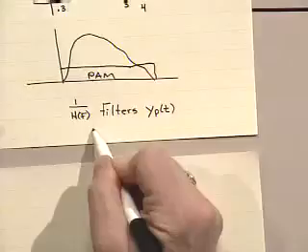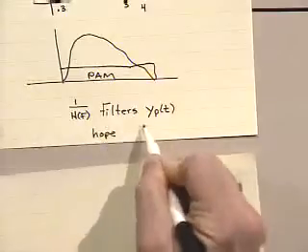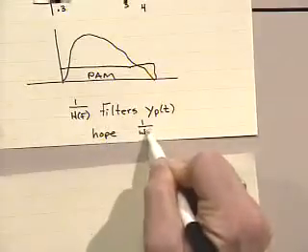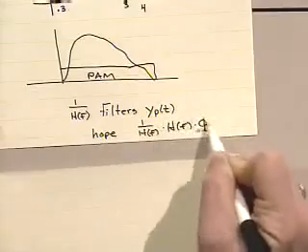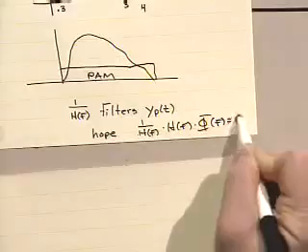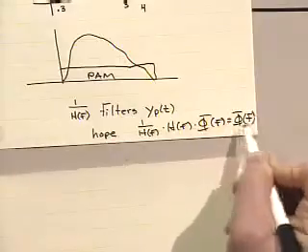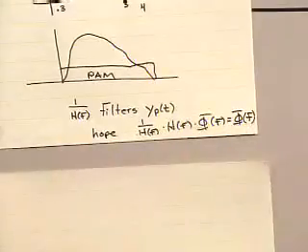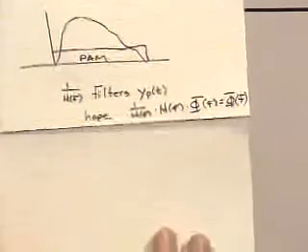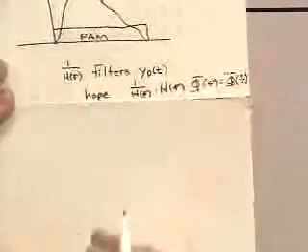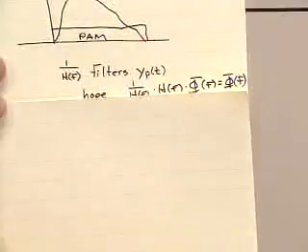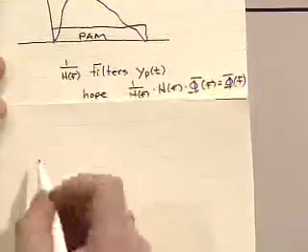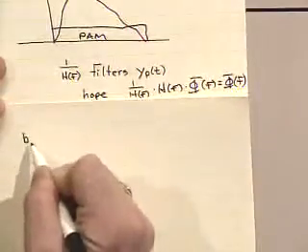And the hope is that if I have 1 over H of F times H of F times phi of F, then I'm going to get phi of F, and if I designed a good basis function to begin with, I'm going to preserve that at the output of the channel. So that's in fact what voice band modems do: they try to equalize the channel. An equalizer is simply a filter that looks like 1 over H of F. And so one of the topics we're going to see is equalizer design.